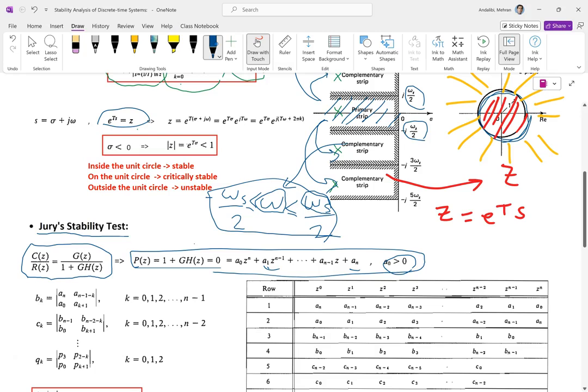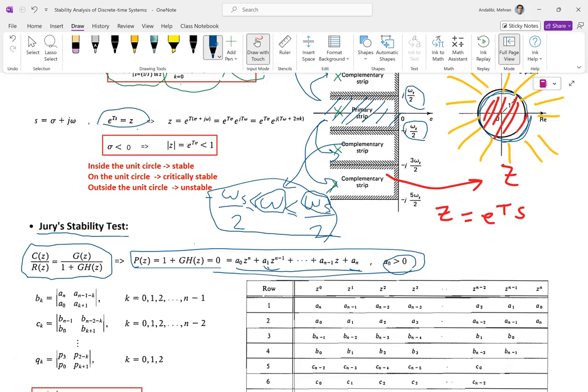So if I'm given this polynomial, and they say, does this polynomial have any root inside, outside, or on the unit circle? How would you do it without needing to find the roots directly, right? Can you do that with Jury's stability test?